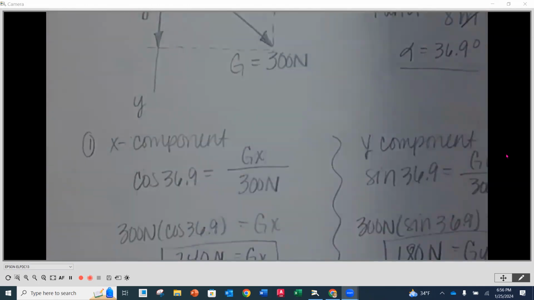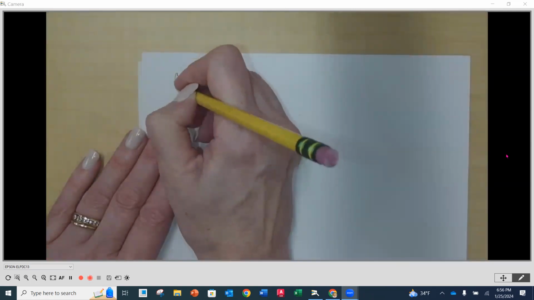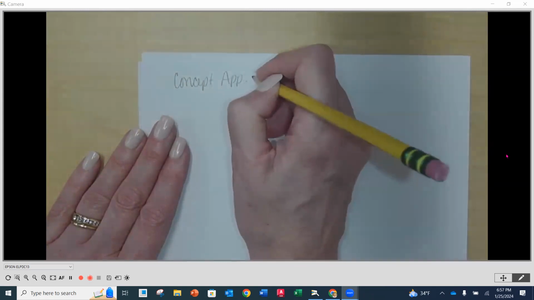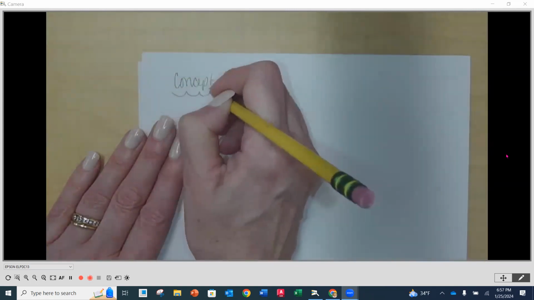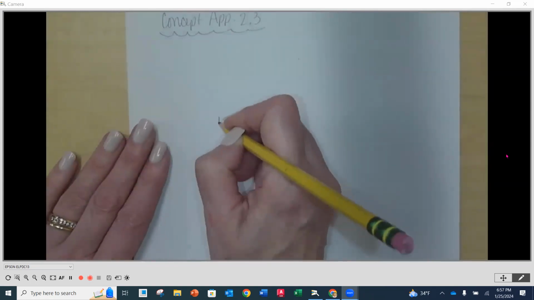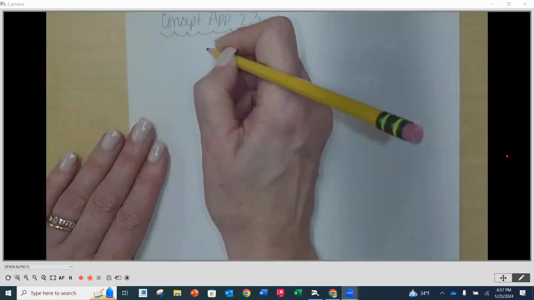Okay. So let me get rid of this. I'm going to draw this out again. So this is concept application 2.3 on page 32. And this time we have an x-axis, we have a y-axis.